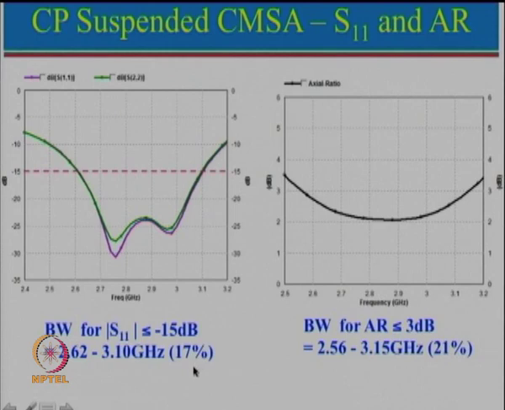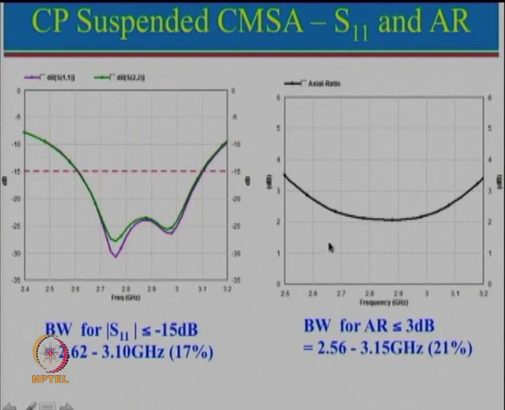Our desired requirement was only 7%. So, you can see that there is a lot of margin on both left side and right side, and S11 less than -15 dB corresponds to VSWR less than 1.5. So, it is a much better matched antenna.